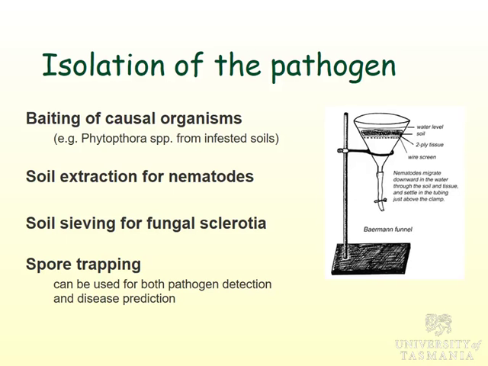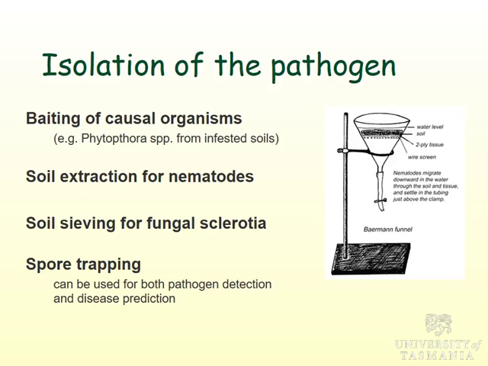You can squirt that out onto a slide and have a look to see how many nematodes you've got and what they look like. So that can be a useful tool for determining if you've got plant pathogenic nematodes in your soil sample.